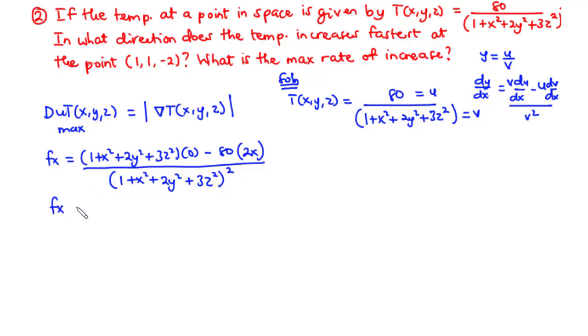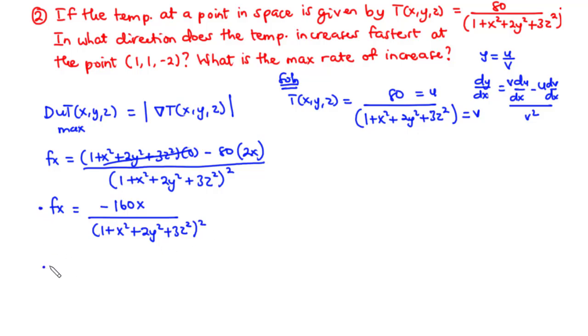So finally we have fx to be equal to, so this part goes to 0, we have negative 160x divided by 1 plus x square plus 2y square plus 3z square all square.